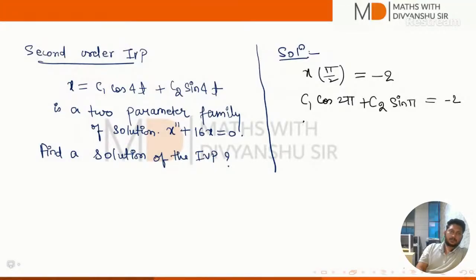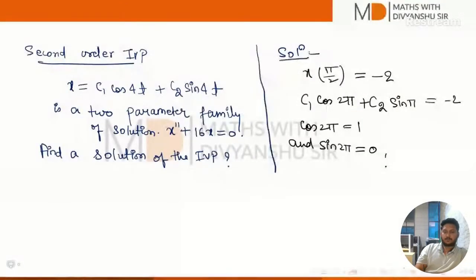Since cos 2 pi is equal to 1 and sin 2 pi is equal to 0, we find that c1 is equal to minus 2.